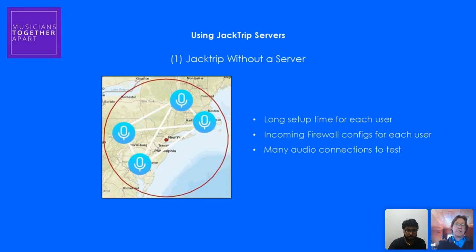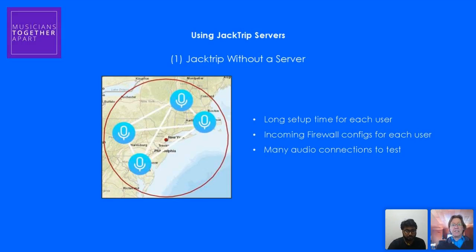If you look at this picture here, this is a JackTrip setup without a server. In reality, every musician ends up having to run their own server to some degree and then connect to other people's servers. You end up having to do firewall port opening for each person, and the home router becomes a mess.